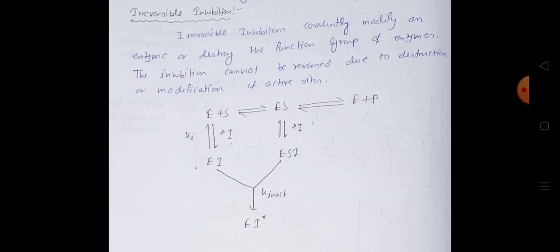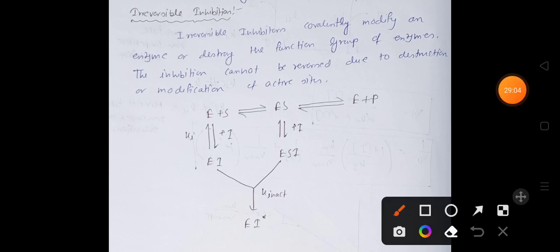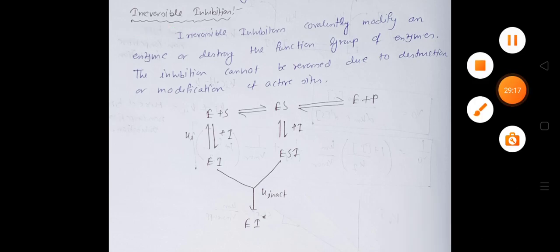So we have completed all three types of reversible inhibition: competitive, non-competitive, uncompetitive. Now it is time for irreversible inhibition. As its name suggests, here the effect of the inhibitor is not going to be reversed, right? So in case of irreversible inhibition, what will occur?